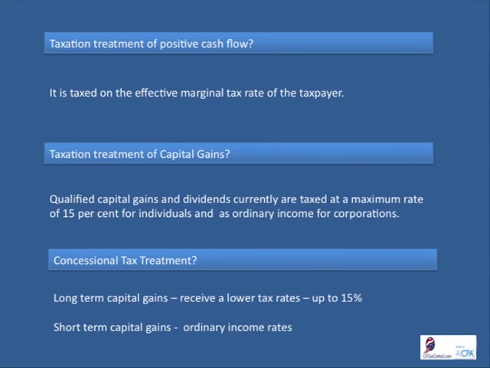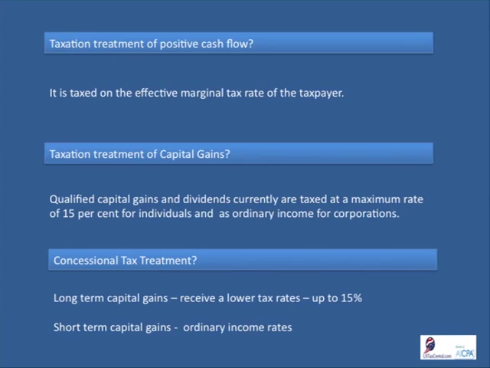And when I say maximum, it ranges from 0% to 15%, because it's dependent on your marginal tax rate. So some people might find that they actually have a 10% capital gains tax in the USA.